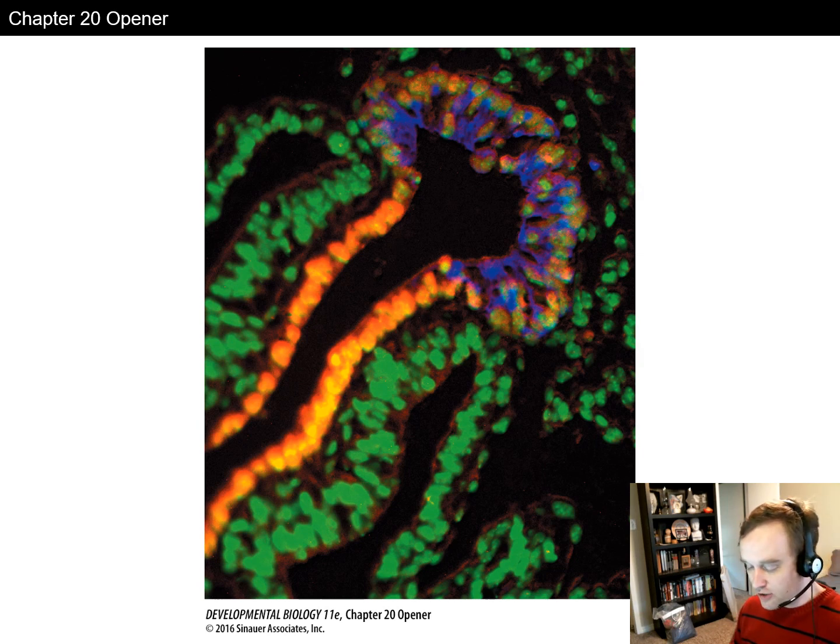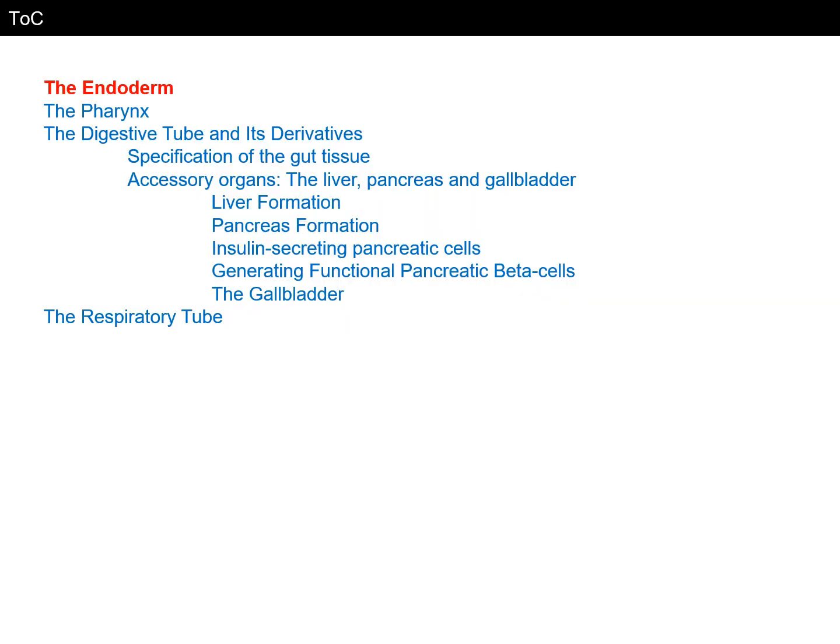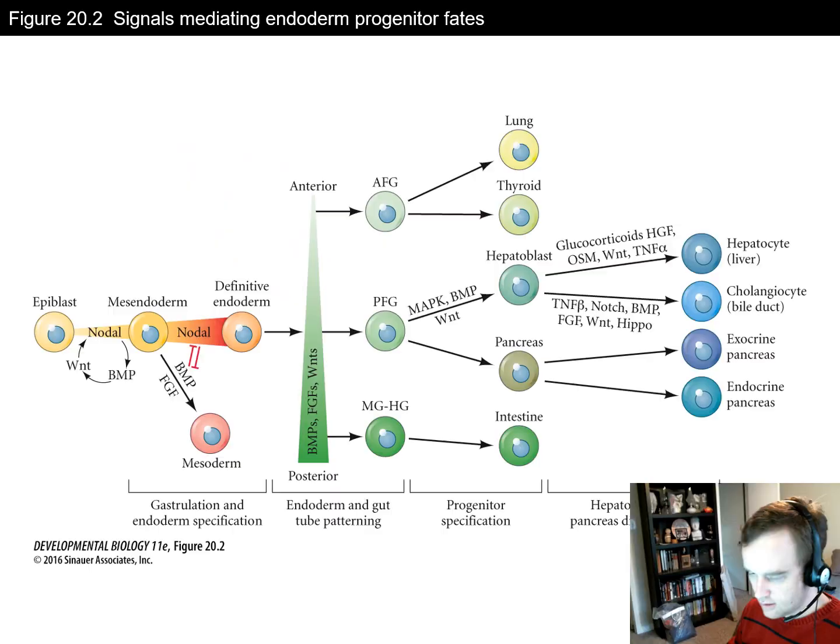So with that, we are going to finish up with the endoderm. So how do these endoderm cells originate or arise? There are some signals early on when the epiblast cells are becoming these intermediate mesendoderm cells.